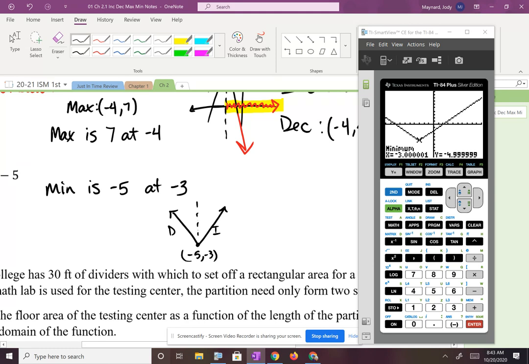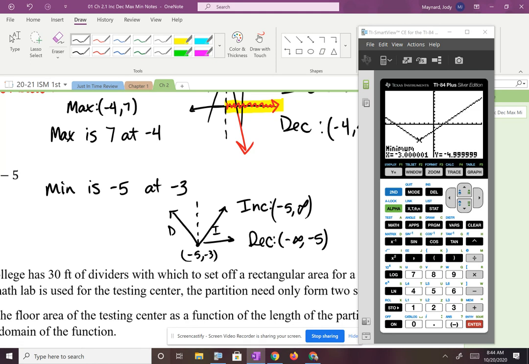And you always go using the x value. So we are increasing starting at -3 and going to infinity. And then we are decreasing starting at -infinity and going up to -3. All right. Any questions on this one?